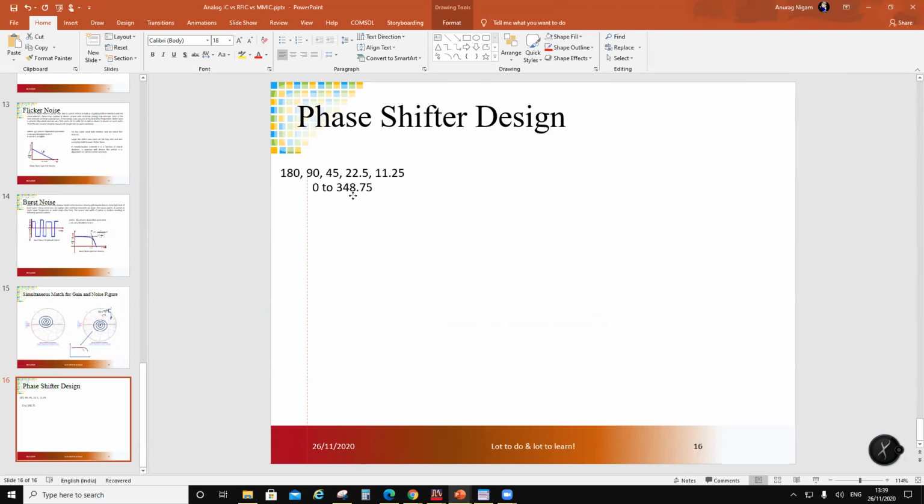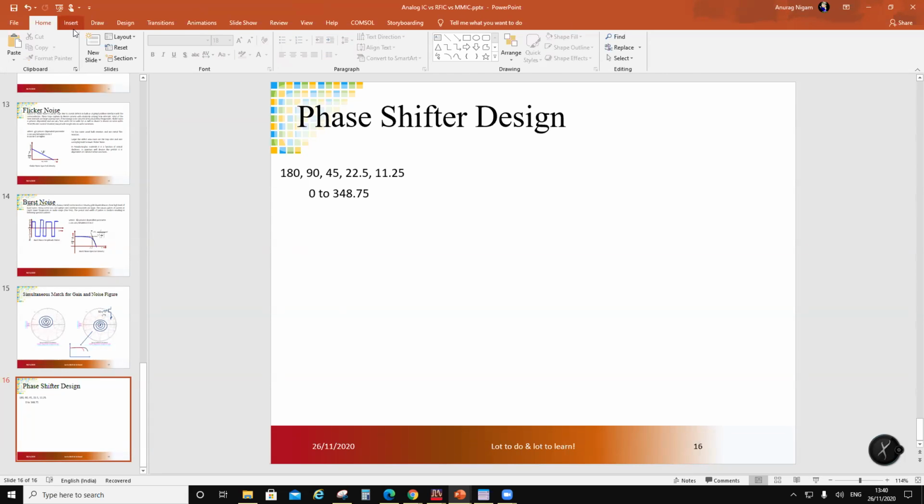So this binary weighted sum can go from 0 to 348.75, and then the next step would be back to 0 degrees, because 360 is 0. So I would not synthesize 0 degrees. Okay, so I have to make these elements.